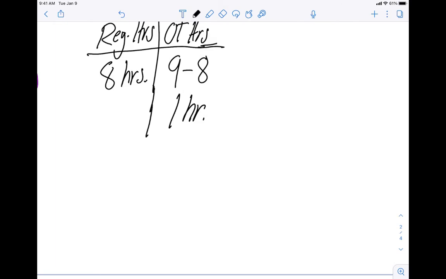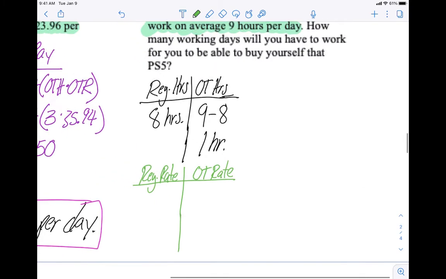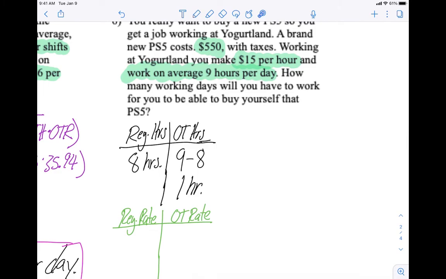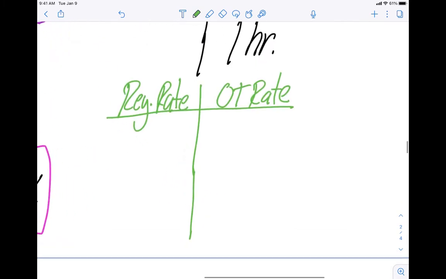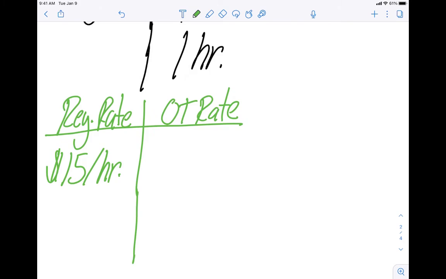So let us figure out the regular rate and the overtime rate, right? So how much did this person make regularly? Well, they make $15 an hour. So $15 per hour. What is their overtime rate? Well, we take 15 and we multiply by 1.5.